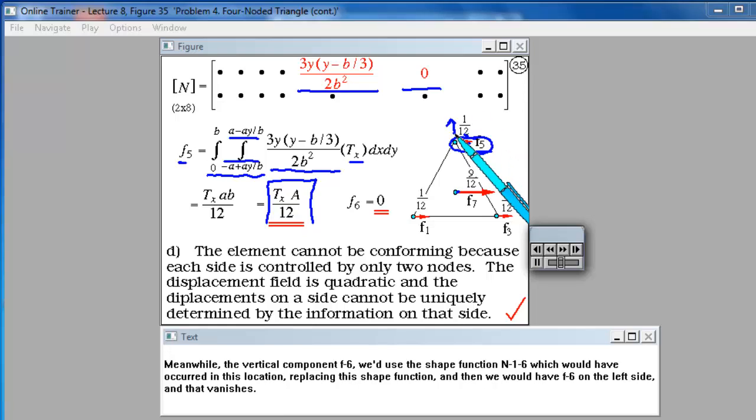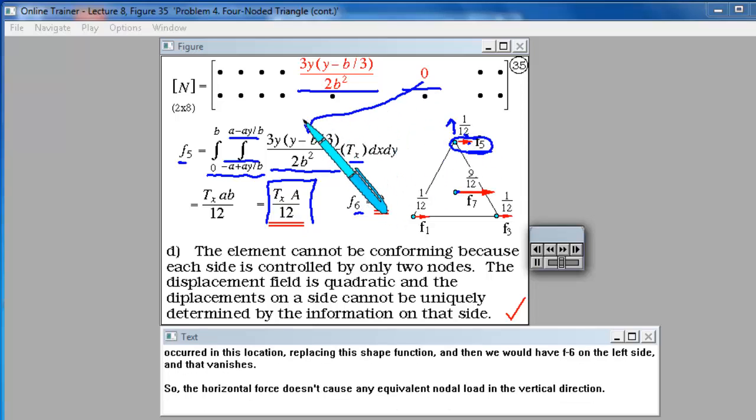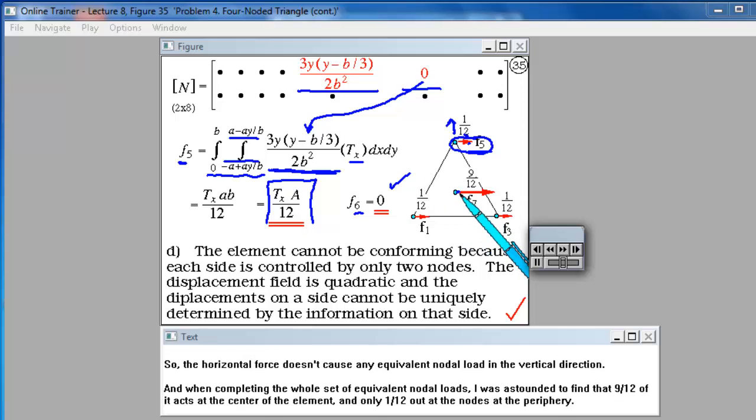Meanwhile, the vertical component, F6, would use the shape function N16, which would occur in this location, replacing this shape function, and then we would have F6 on the left side, and that vanishes. So the horizontal force doesn't cause any equivalent nodal load in the vertical direction.